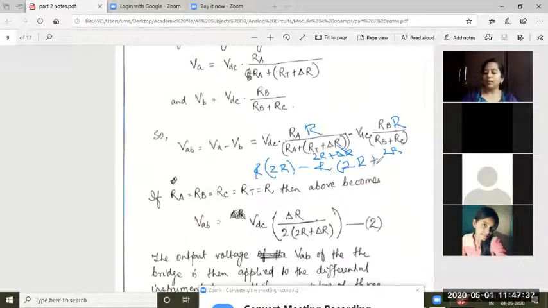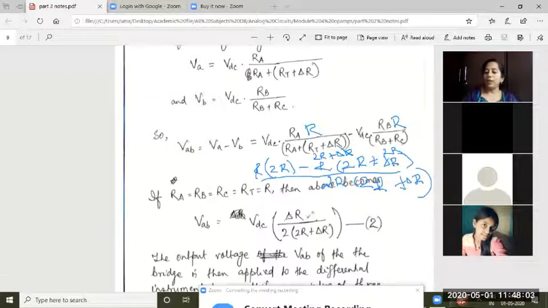This can be plus or minus, I told you, 2R plus or minus delta R. Whole thing divided by 2R into 2R plus delta R. If you simplify this equation, you will see it reduces to this form.